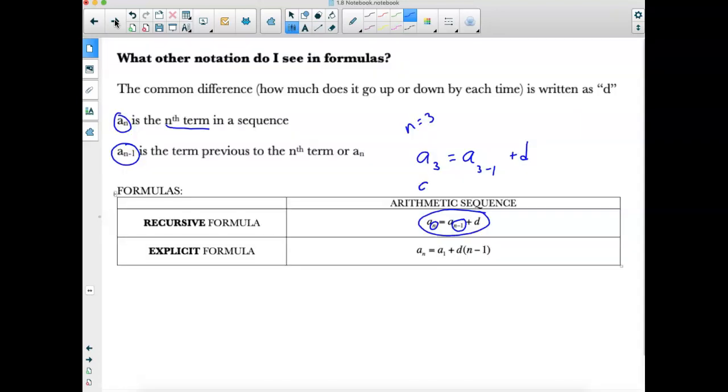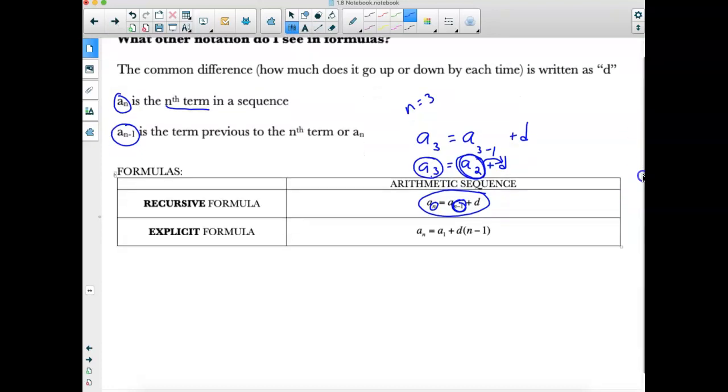So that means I find A sub 3 by taking A sub 3 minus 1, which is 2, and adding D to it. So I find the third term by using the second term and adding the common difference. That's the recursive formula. The n minus 1 just stands for, in this case, if I want A sub 3, n minus 1 is the term just before it, so that would be A sub 2.